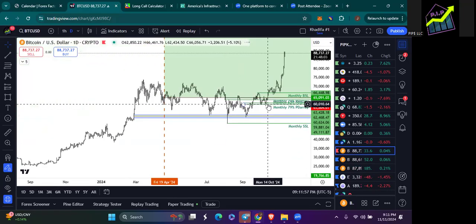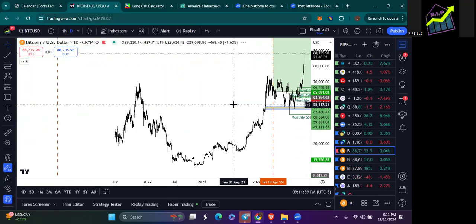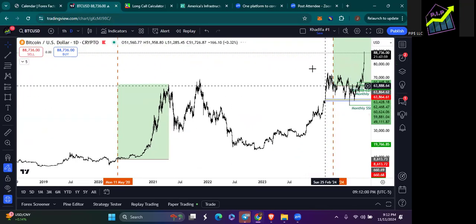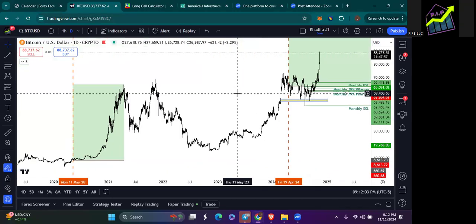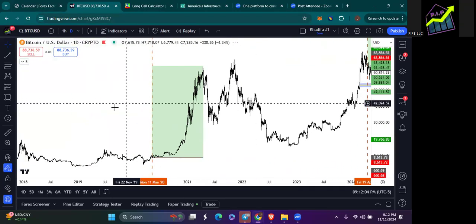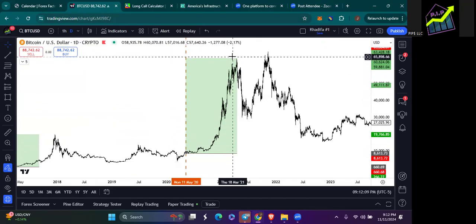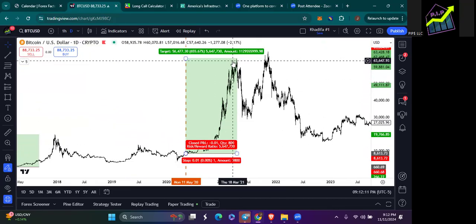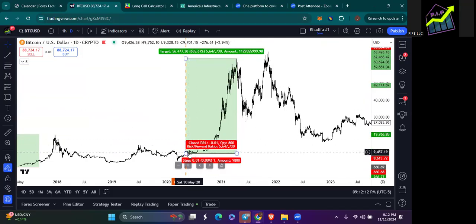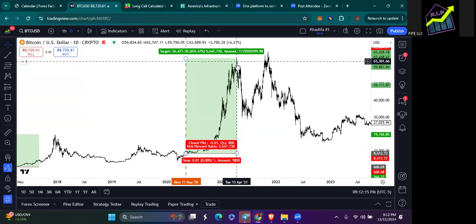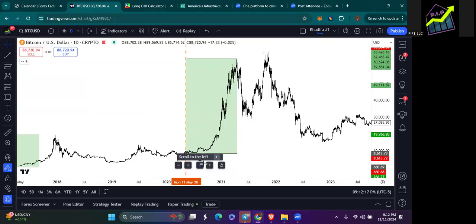As you can see, what I have drawn out is the previous growth, percentage wise, that we've seen in Bitcoin during the year of a halving, right?